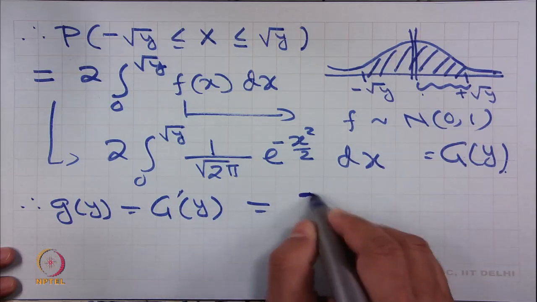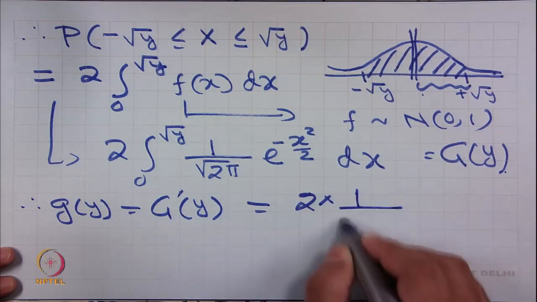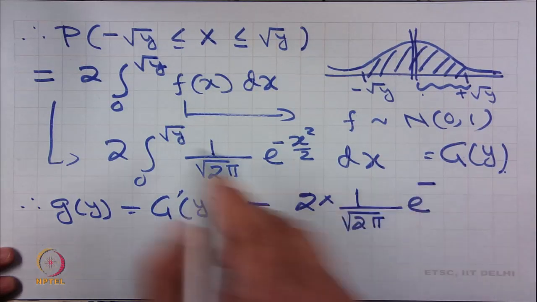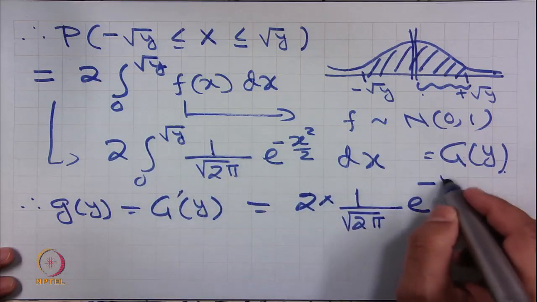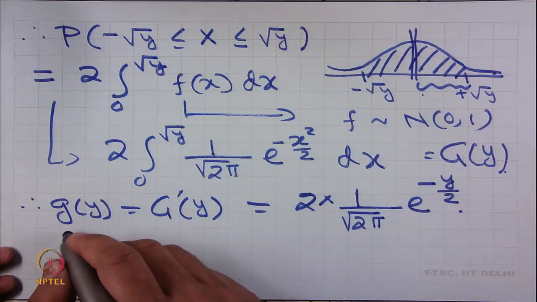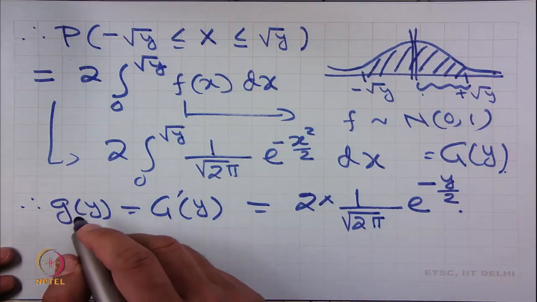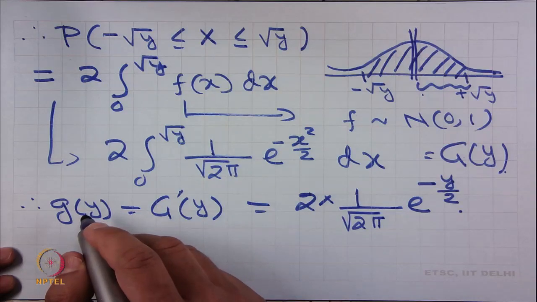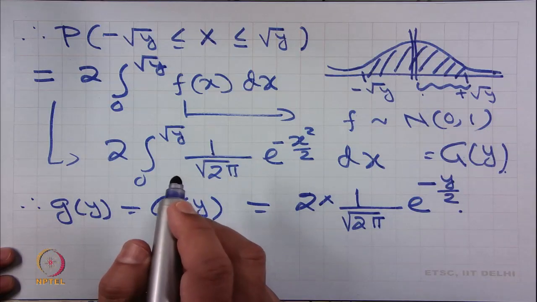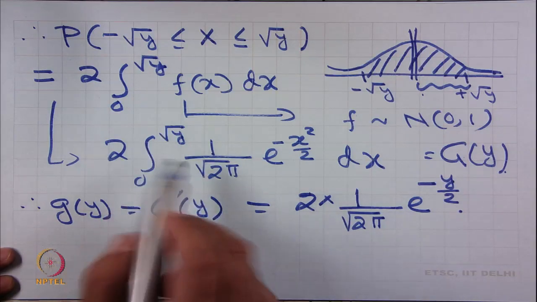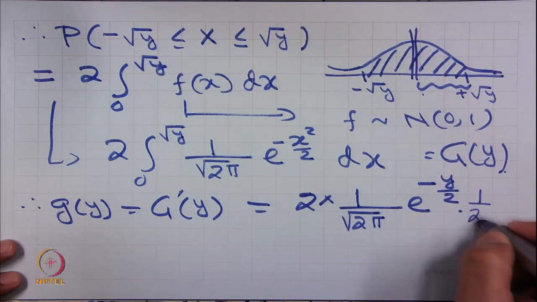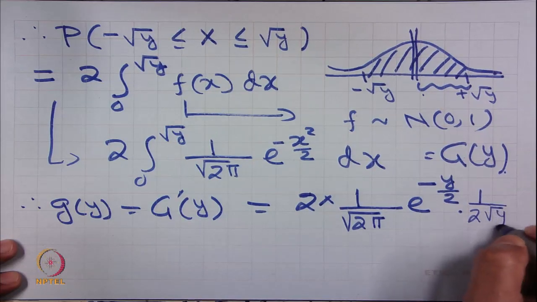So, this is 2 times 1 over root 2 pi e to the power minus root y square, that is y by 2, multiplied by d root y dy, because we know that it is dx dy expressed in terms of y and x is equal to root y. Therefore, we can write it as half root y.